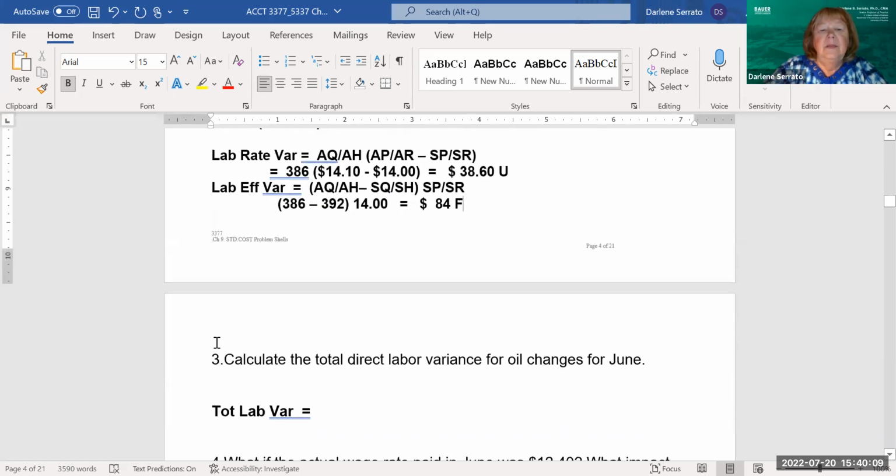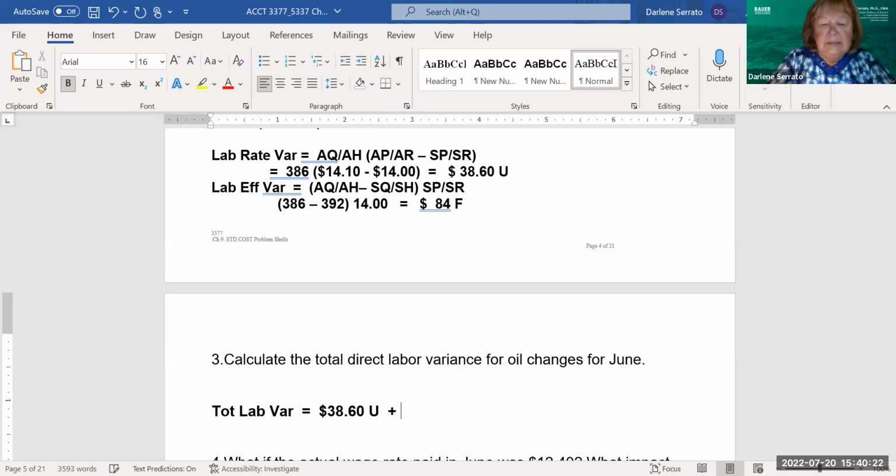Okay. Then the total variance, since we've already calculated these, I would do the 38.60 unfavorable plus 84 favorable to give me $45.40 favorable.